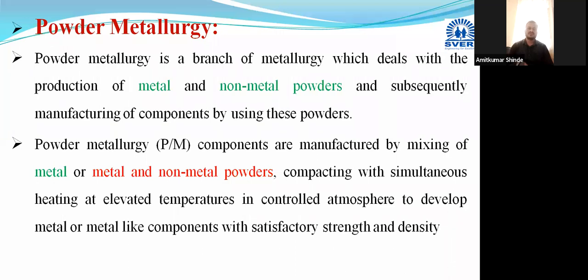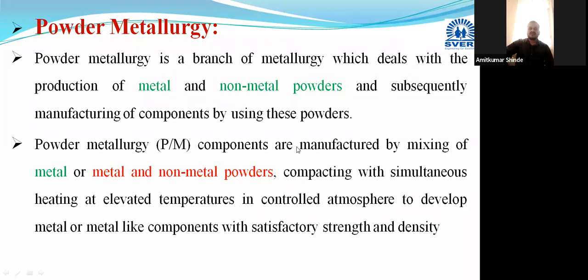This technique, or this total science, will be considered as powder metallurgy. I will repeat it again. The branch of metallurgy which deals with production of metal and non-metal powders and subsequent manufacturing of components using these powders will be termed as powder metallurgy.